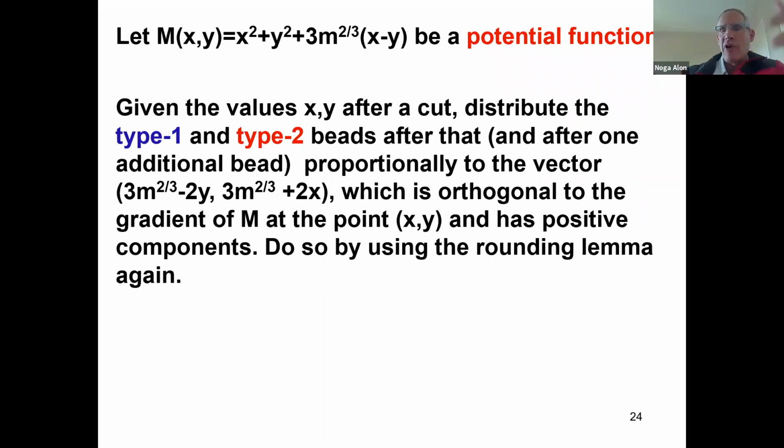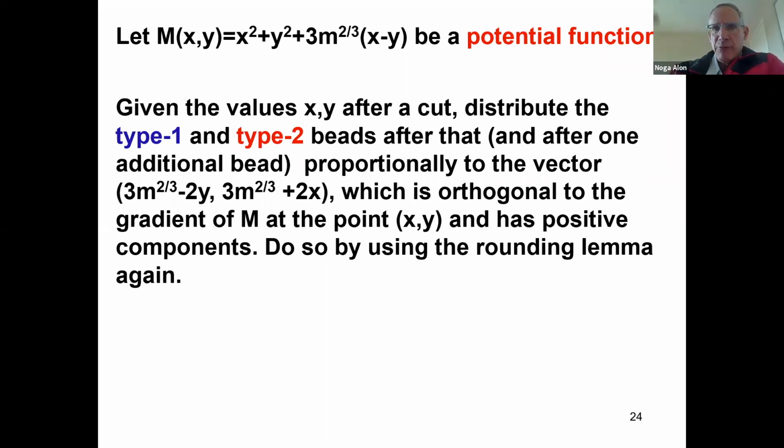Now, because of the rounding lemma, it's not exactly right, because this is not exactly proportional to this vector, but basically what can be shown is that this always increases mxy by something. I'll soon say it. But let me just stress here that maybe the natural potential function would have been just x squared plus y squared.